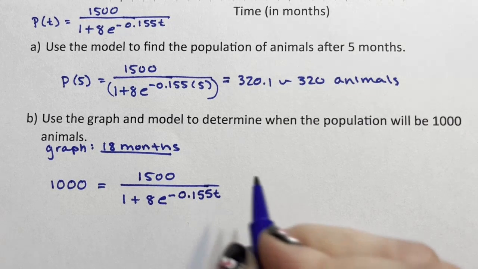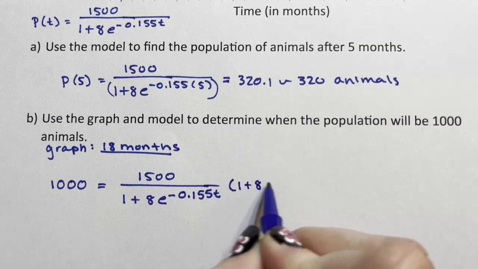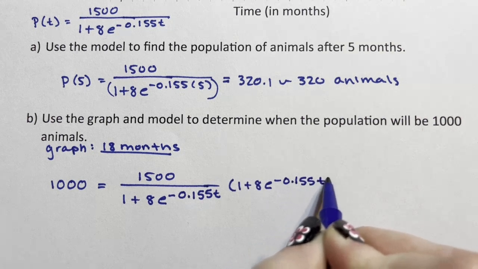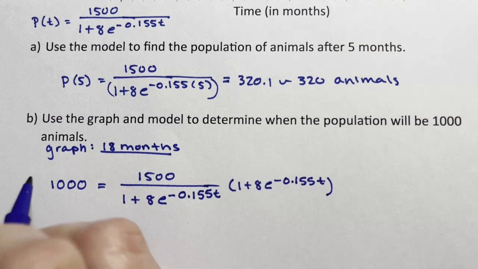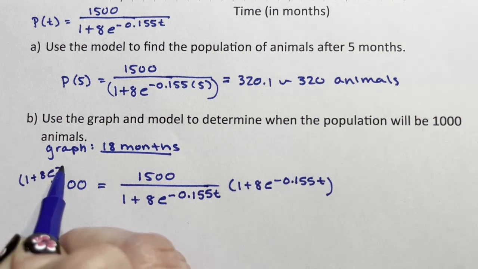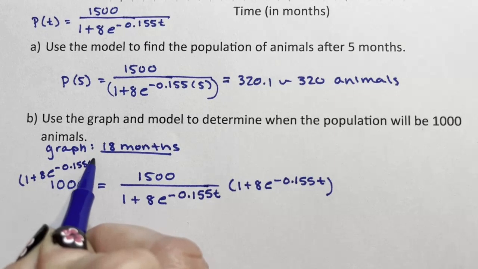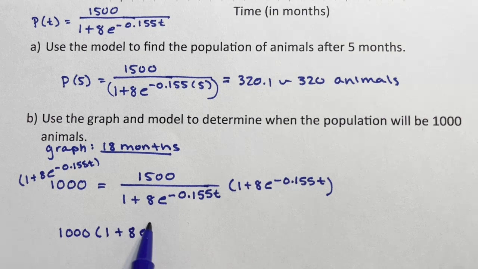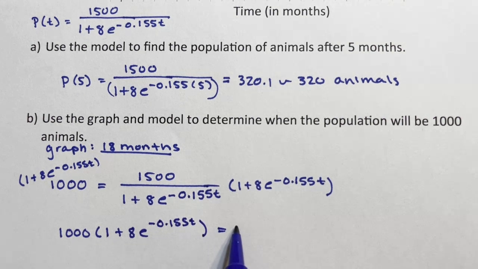So I need to multiply by that denominator, 1 plus 8e to the negative 0.155t, and do that on the other side. On the left-hand side, I'm going to get 1,000 times 1 plus 8 times e to the negative 0.155t equals, on the right-hand side, this all cancels, 1,500.